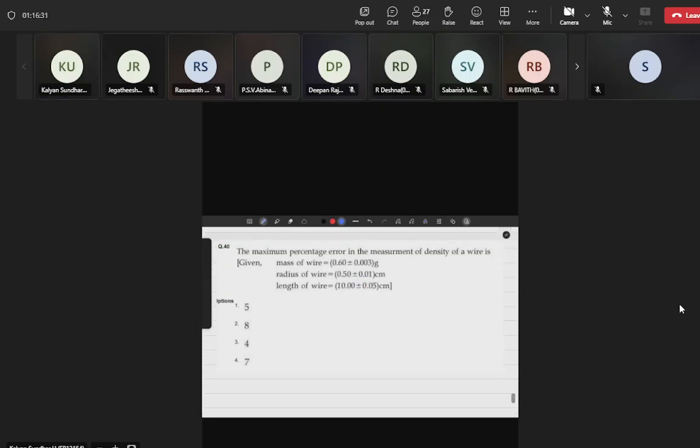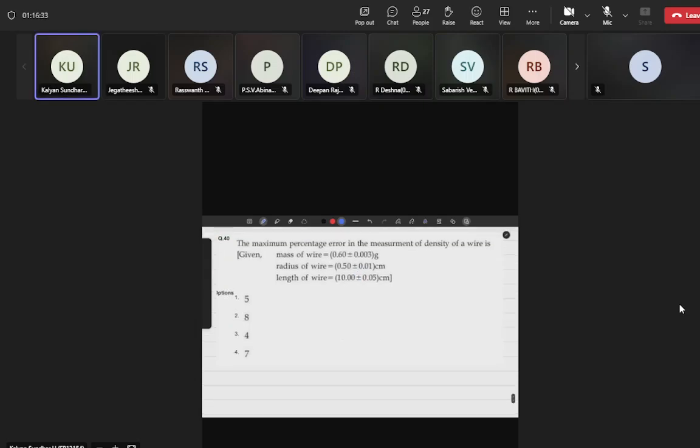This one, error percentage. Maximum percentage error in the density of a wire. How can we do this? Density will be equal to mass by volume. Error in this will be volume as well. This is a wire, correct? A wire is of cylindrical shape. So m into, or take it as m by pi r square L. What is the error in this?